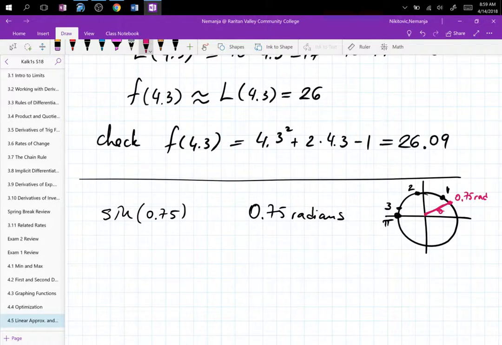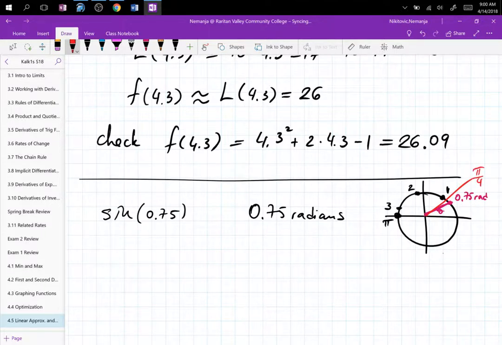Now, looking at this picture, it should be clear that the easy value for us to compute is at pi over 4, because that red line is very close to the quarter of the pi, or 1/8 of the full circle, and that's at pi over 4. So I am going to draw this and say pi over 4.